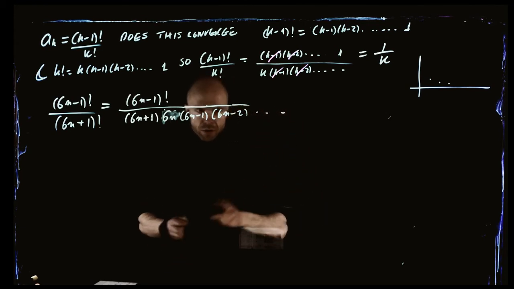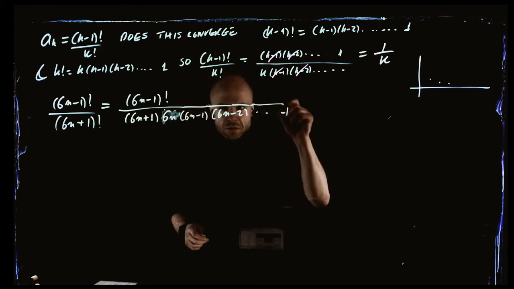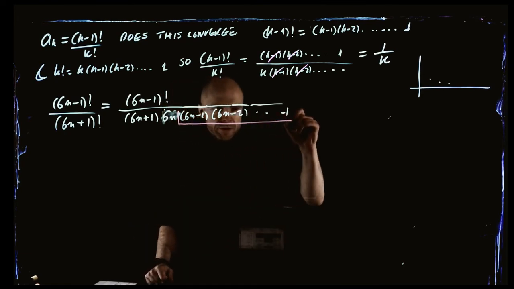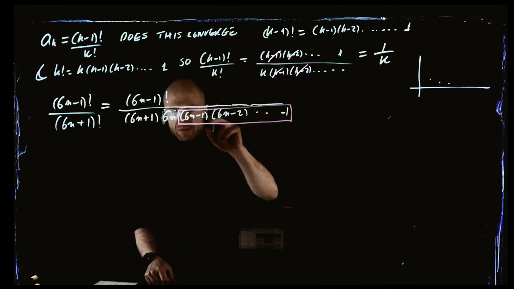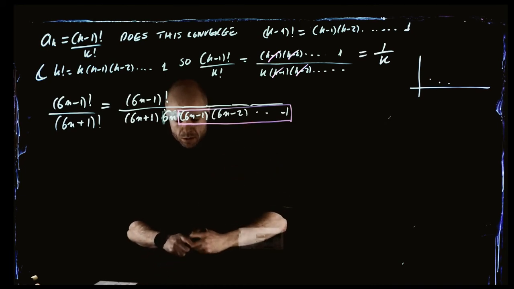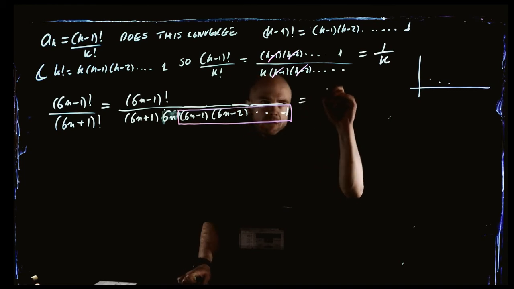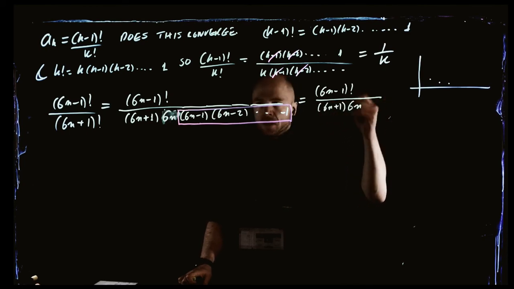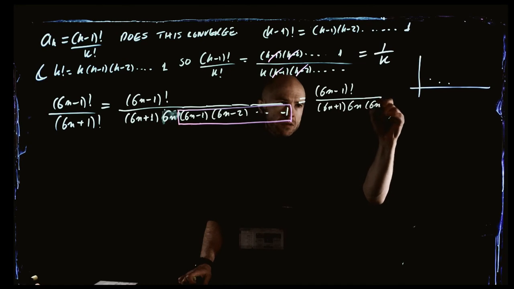If we look at this, then we see that from here onwards, in the red box, what we have is actually 6n minus 1 factorial. You see what I mean? Okay, so we can write this as 6n minus 1 factorial over 6n plus 1 times 6n, and then 6n minus 1 factorial.